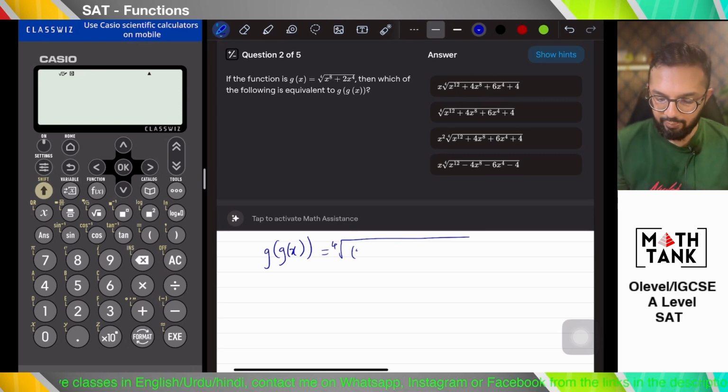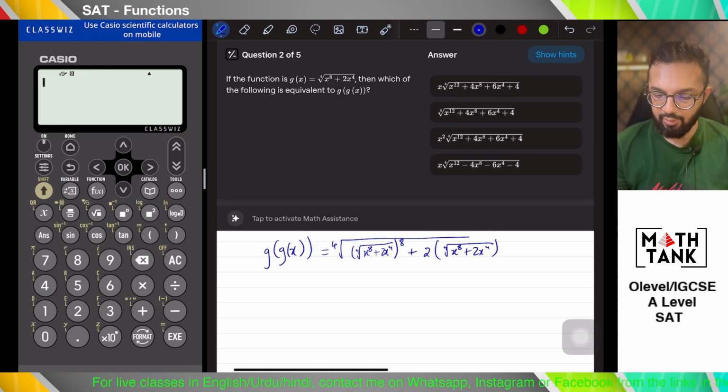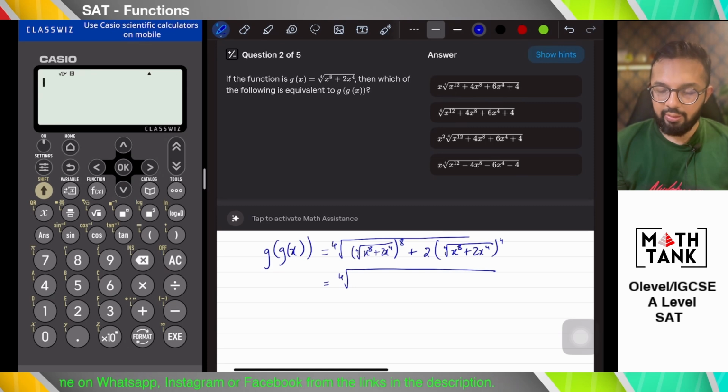So I get fourth root of x power 8 plus 2x power 4, and I get a power 8 outside because I've replaced that. Then I get 2 and I get a fourth root, and I get x power 8 plus 2x power 4. Okay. Then this fourth root will stand.